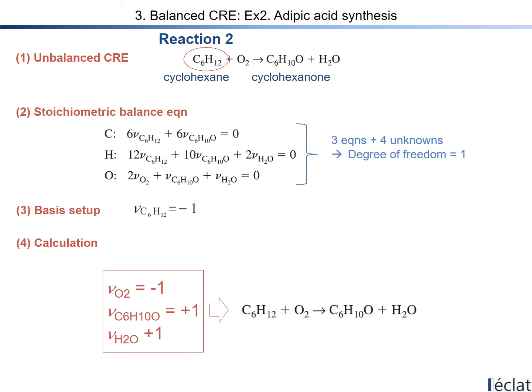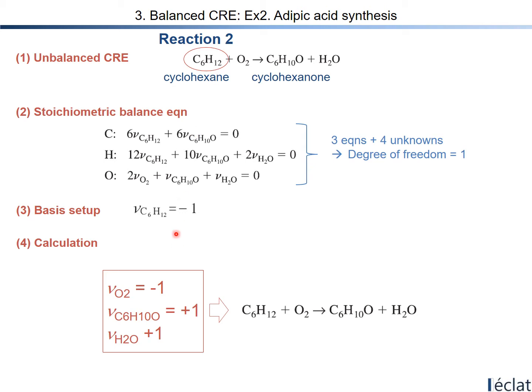Okay, let's move to reaction 2. The unbalanced one was cyclohexane is oxidized into cyclohexanone plus water. And in the same way, you can set up this kind of equations with 4 unknowns, and basis setup would follow. In this case, cyclohexane is taken as the basis.